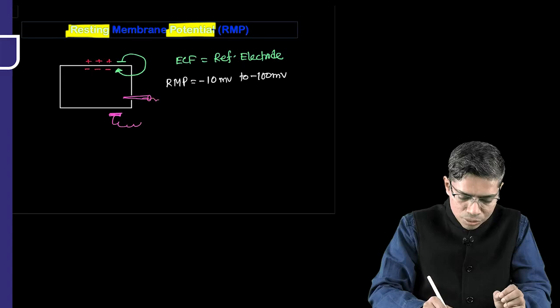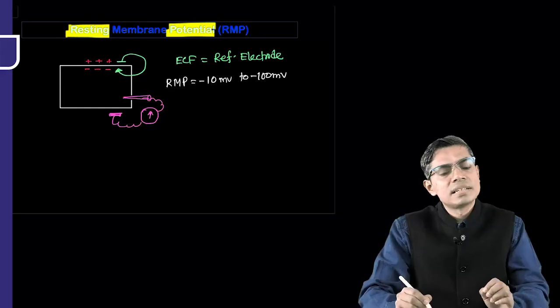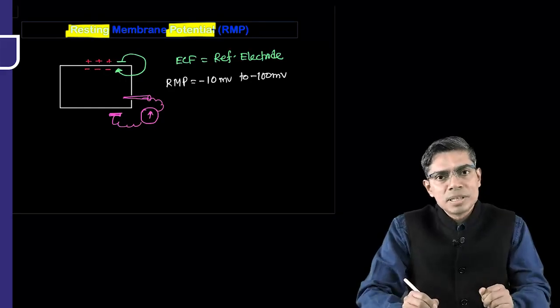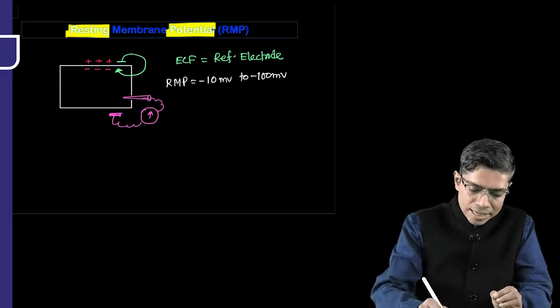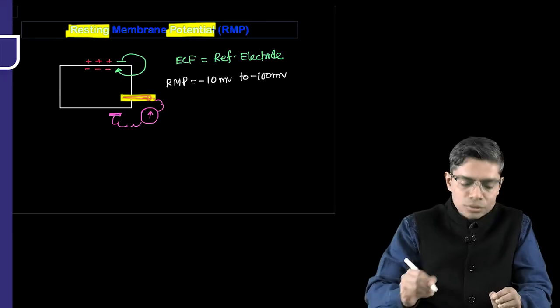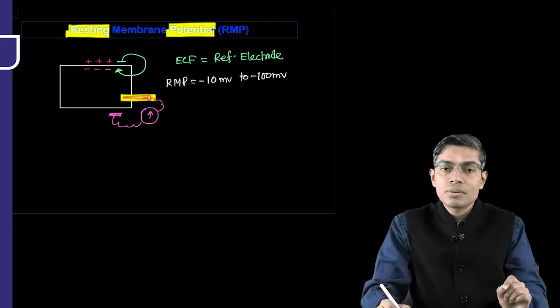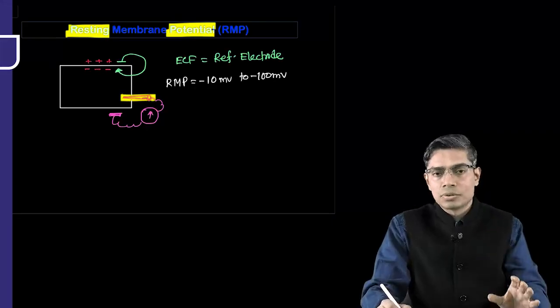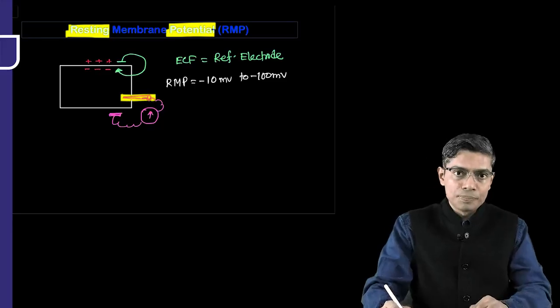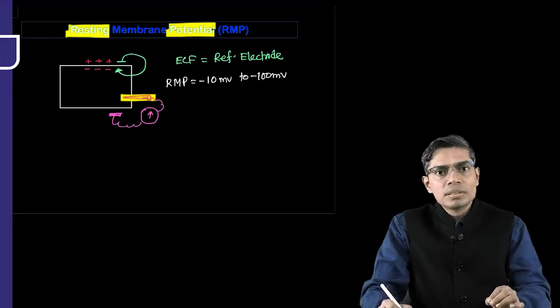If I connect these two to a voltmeter, it can record the potential difference between the two leaflets of the membrane, inner leaflet and outer leaflet. Getting my point? The electrode that I introduce through the membrane has to be very, very fine, very thin, otherwise you will rupture the cell. So there is an MCQ: for recording of the RMP, which type of electrode is used?